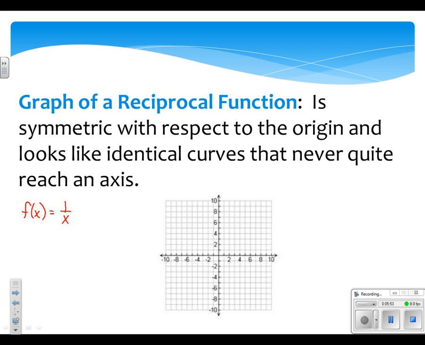So for example, on this one, we can't have 0 in that denominator. So this is going to be a split type of curve that never is going to hit x equals 0. It's just going to kind of curve around it. So your reciprocal function is going to be split like this with some asymptotes in between that we can never get to. We're just going to near them. And we'll explore more of these later and do some graphing of them.